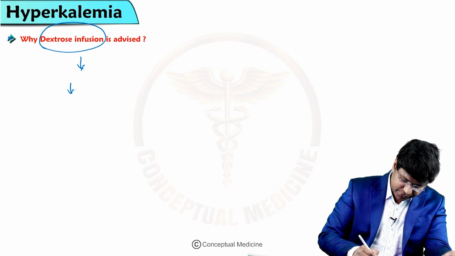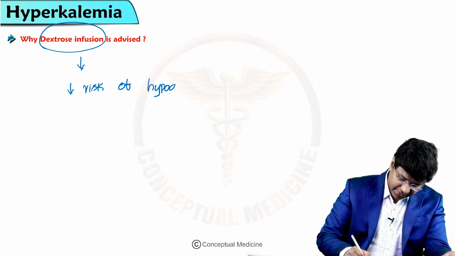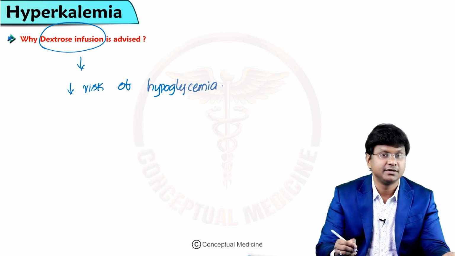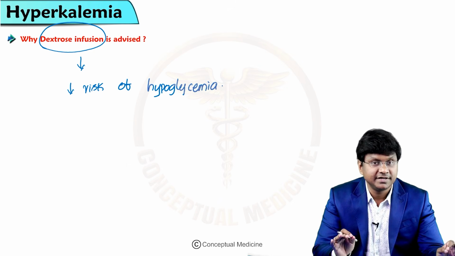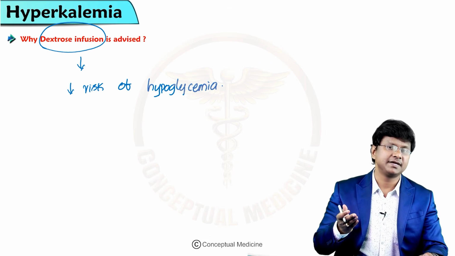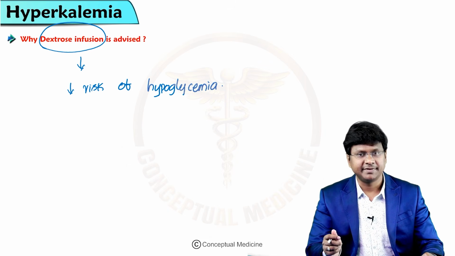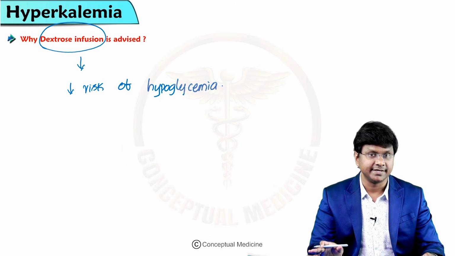So, to reduce the risk of hypoglycemia, you need to give the dextrose because insulin will reduce the blood glucose levels. In order to prevent that particular risk, we give the dextrose solution. But if there is hyperglycemia, dextrose supplementation is not required.